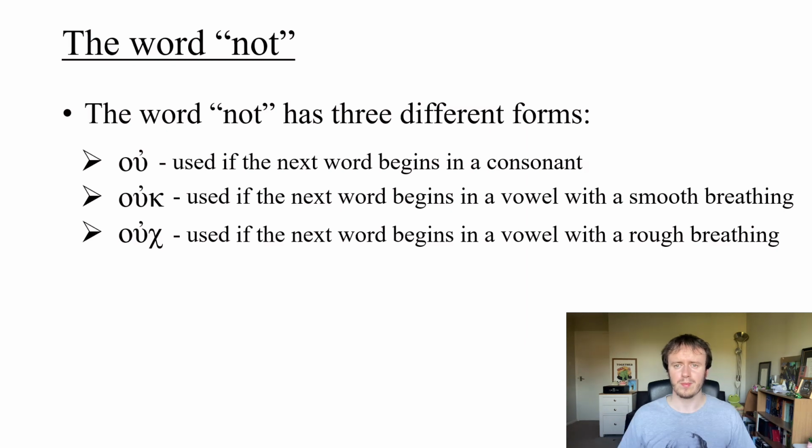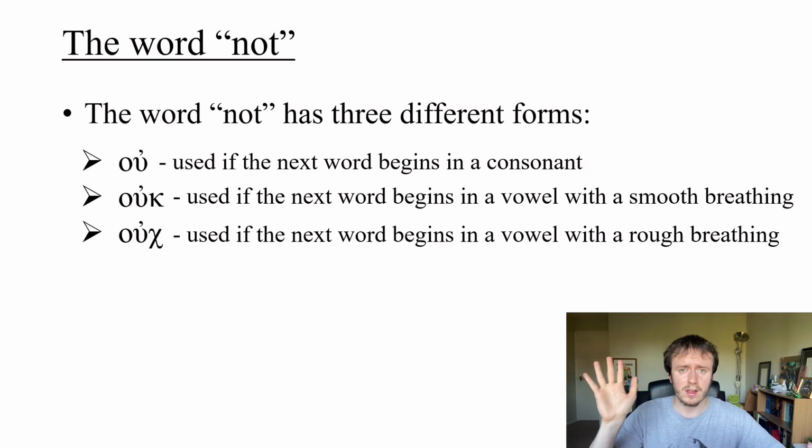To illustrate, if you've got ouk and then the next word beginning in a vowel with a smooth breathing, then there's a very clear distinction between the word ouk and the next word which opens in a vowel with a smooth breathing. But you might still wonder, why is ouch with a chi at the end used if the next word begins in a vowel with a rough breathing?